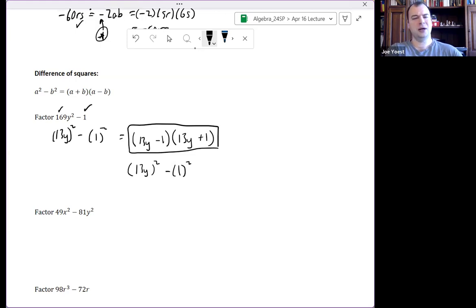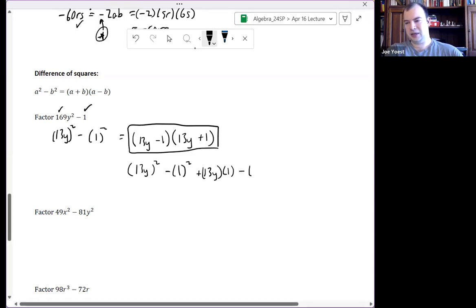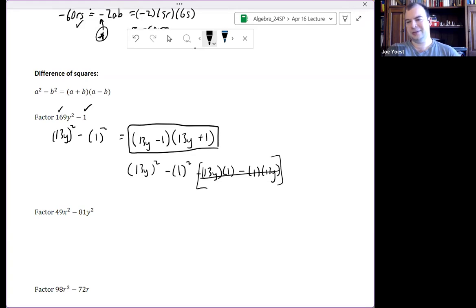So that's this term. What happens to the outer and inner? My outside is plus 13y times 1, and my inside is minus 1 times 13y. These two perfectly cancel. My outside and inside perfectly cancel. They perfectly go away. My cross terms disappear.